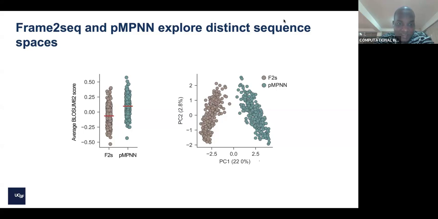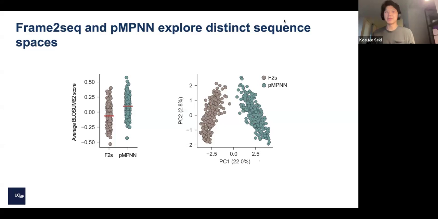You can see protein MPNN performing sort of higher on the BLOSUM score. But on this one, on the right, this alignment is a little bit fascinating, sort of aligning in that form. Is there anything someone can take away from this?